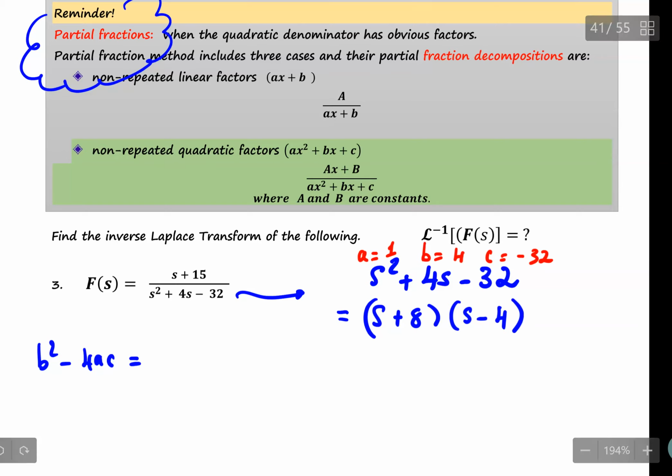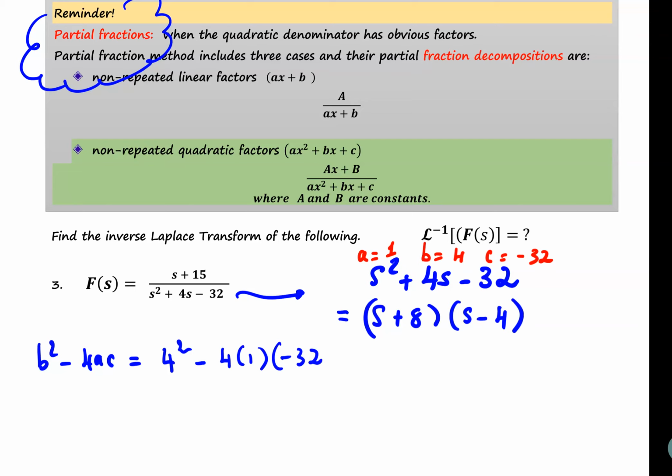So I have 4 squared subtract 4 times 1 times negative 32. I should have 16 plus 128.